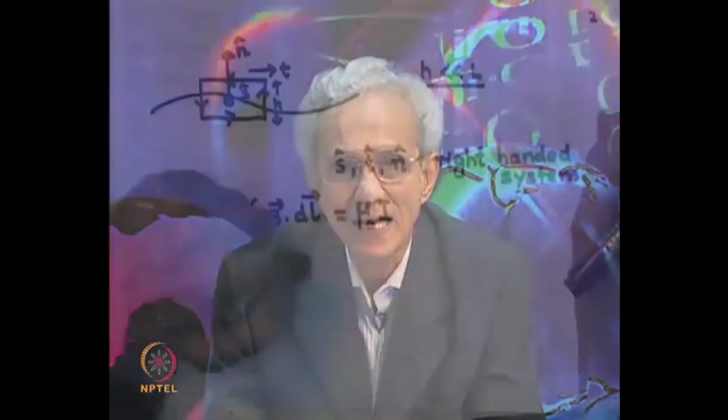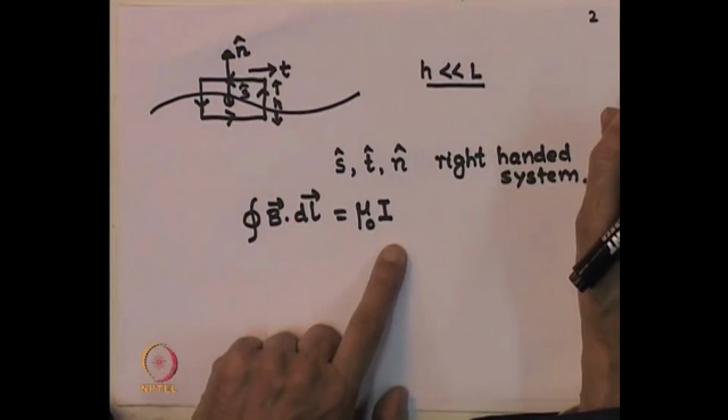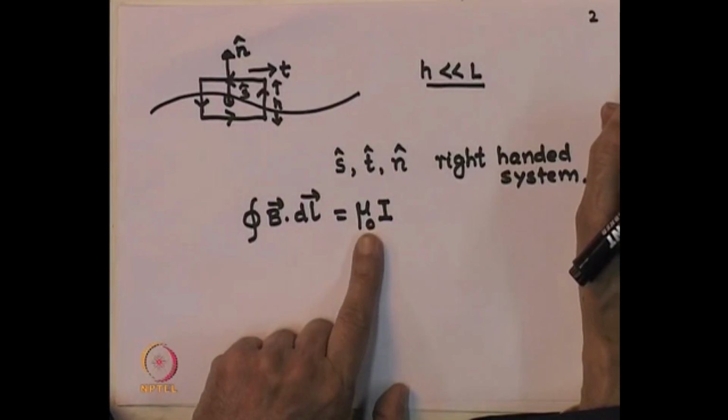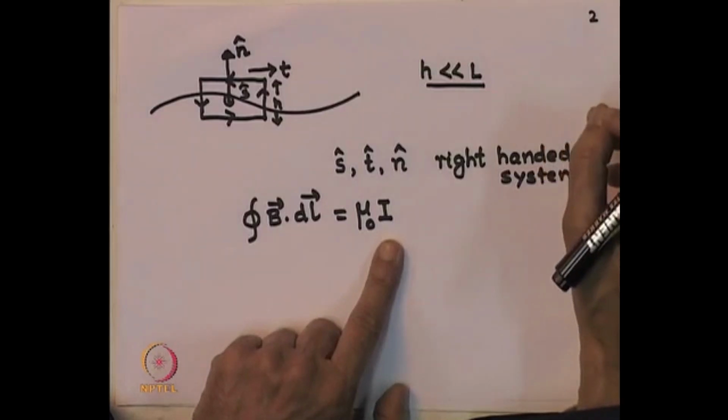Now, in this case, I had integral B dot ds equal to 0, that gave me that the normal component of the magnetic field was continuous. Now, integral B dot dl is not equal to 0. So, this will lead to a discontinuity in the tangential component of the magnetic field, and this tangential component will be related to the surface current density that is passing through.